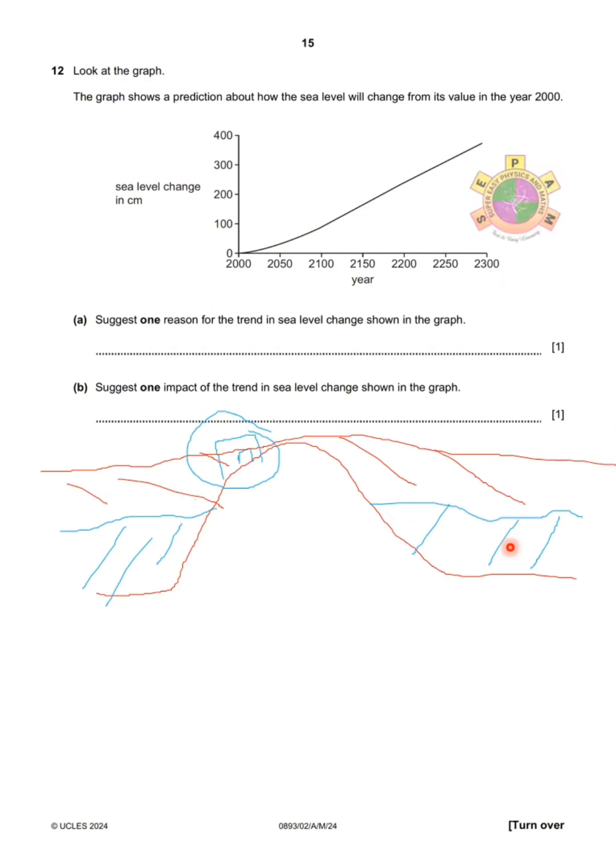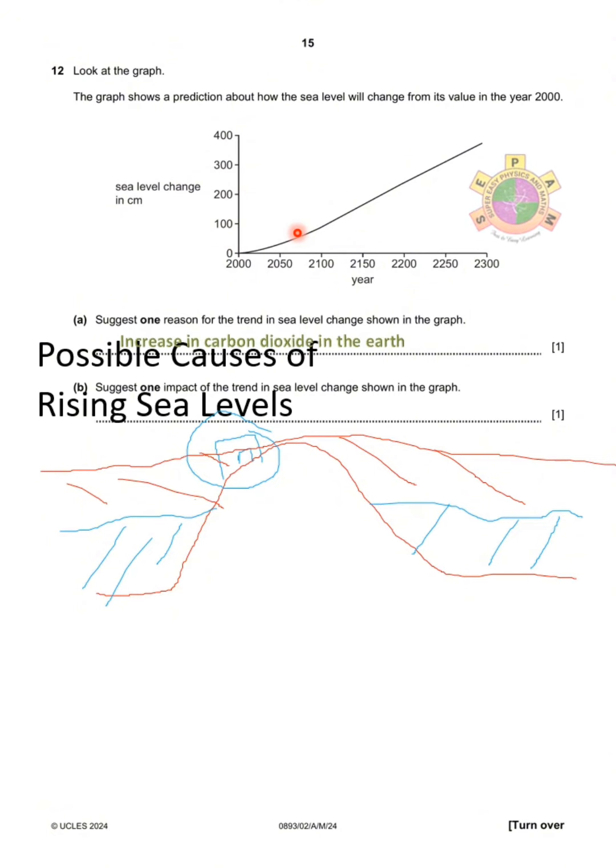So the major reason is increase in carbon dioxide in the earth, but there are other reasons responsible for the rise in sea level. So let's look at some other reasons. Possible causes of rising sea level. You have the global factors, which is increase in carbon dioxide in the air, which is one of these factors I've given.